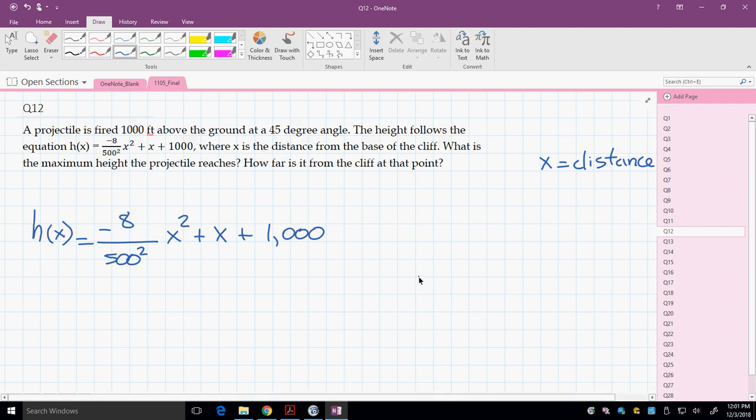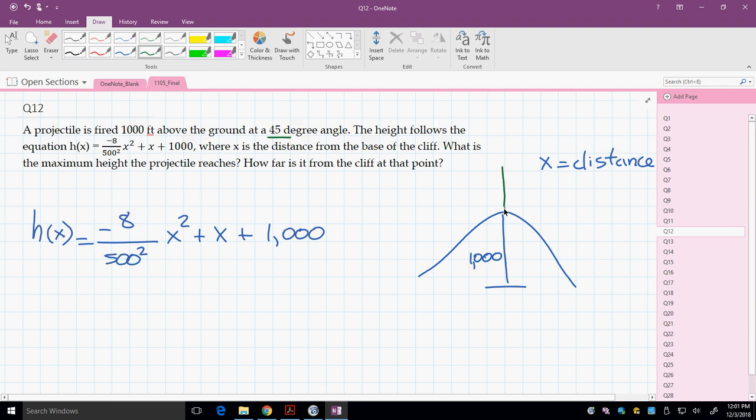So we need to think about this. If we have a mountain, right, or a cliff, and this is 1,000 feet high, and we fire a projectile. Think about it, they're talking about a 45-degree angle.